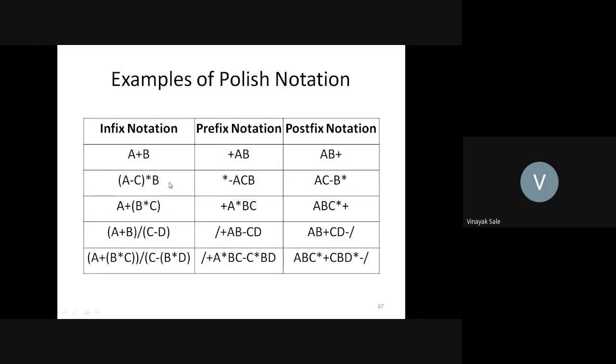Here, bracket is one operand into B, then first multiplication, then minus sign, then A C B we will solve.